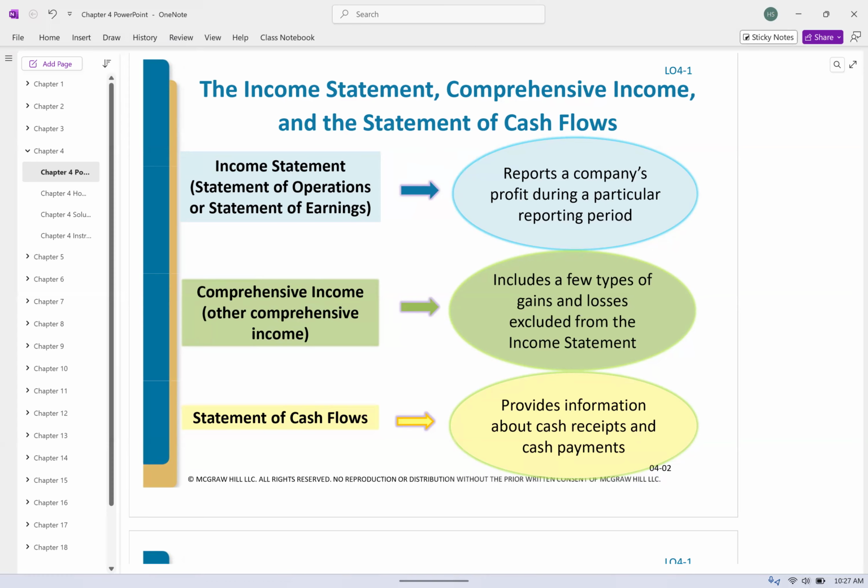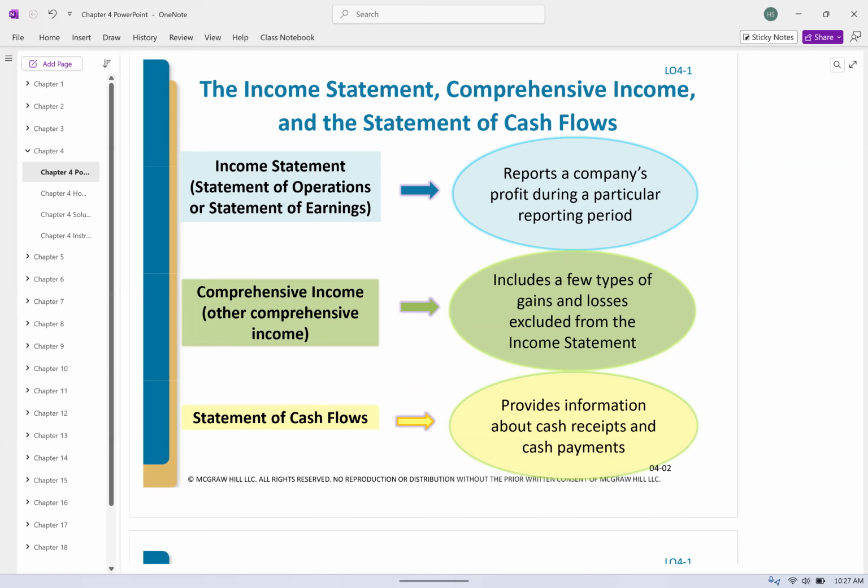Comprehensive income used to be where everything they didn't know what to do with got dumped. A lot of people were dumping losses in there but putting gains on the income statement. That was where they parked all their losses just to make net income look really good. But now there are a lot more rules as to what can go into comprehensive income.